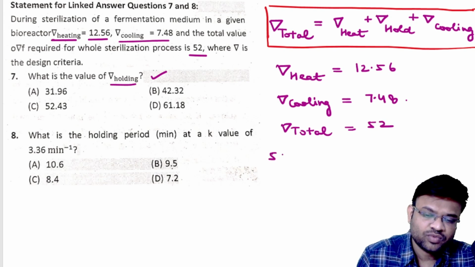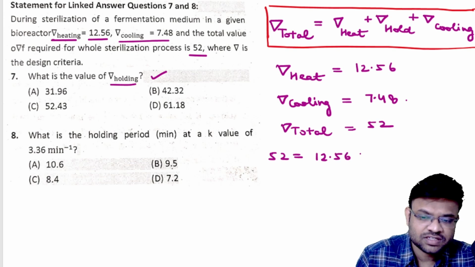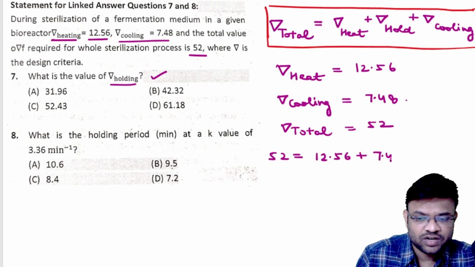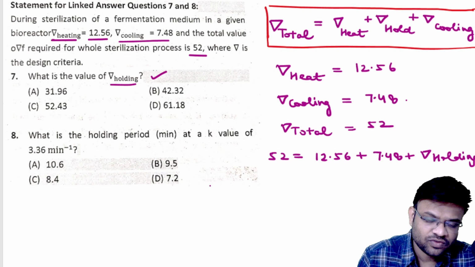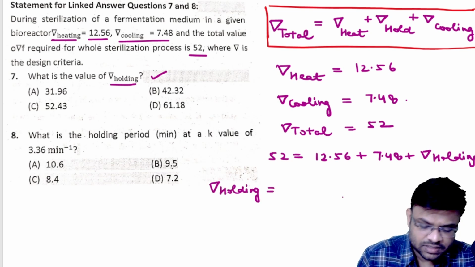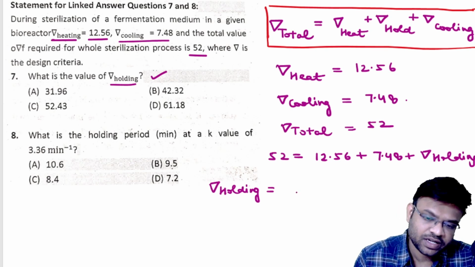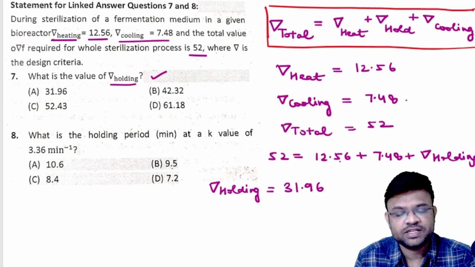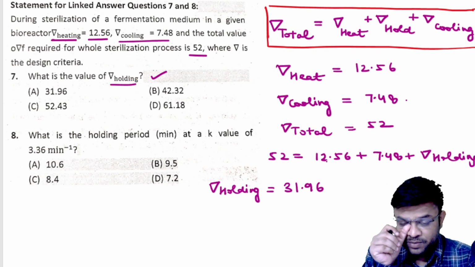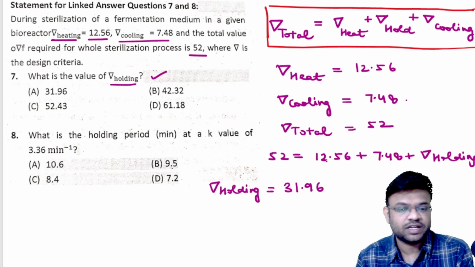We can put in 52 is equal to 12.56 plus 7.48 plus del holding, and in this way the del holding final value would be 31.96. You can just subtract 52 minus 12.56 minus 7.48, and this would come out to be 31.96.